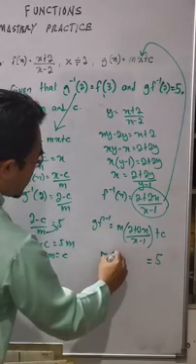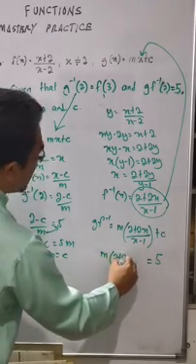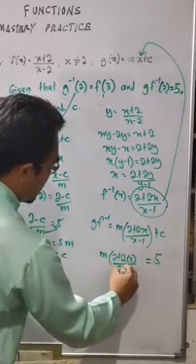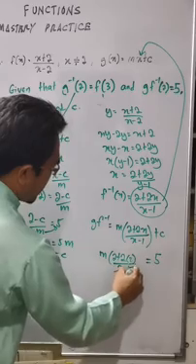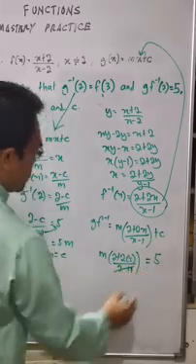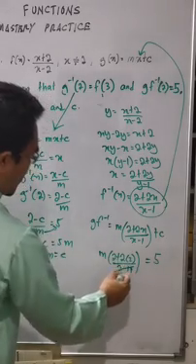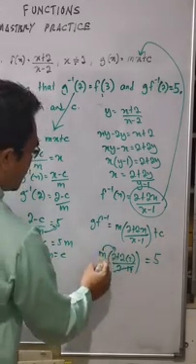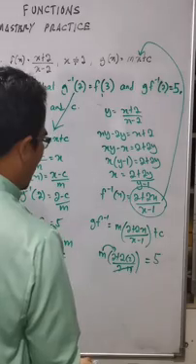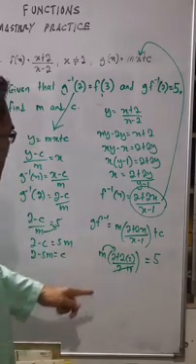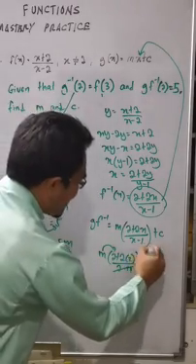So m times (2 plus 2 times 2) over (2 minus 1), plus c. So 2 minus 1 is 1.